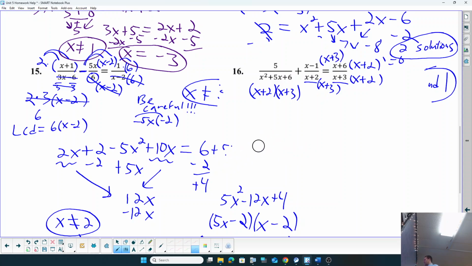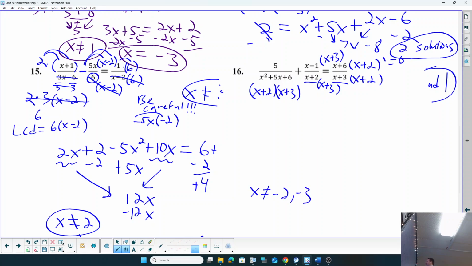Don't forget our restrictions: x can't equal -2 and -3, right? Awesome. Now we can eliminate the bottom and solve for the top.